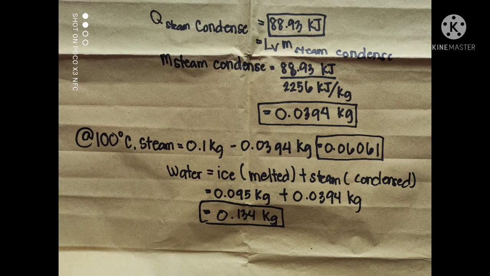The water is from the ice that melted plus the steam that condensed. So the ice melted 0.095 kilogram, plus the steam condensed we just calculated to be 0.0394 kilogram, and that comes out to be 0.134 kilogram. So that is water, and they are both in equilibrium at 100 degrees Celsius.